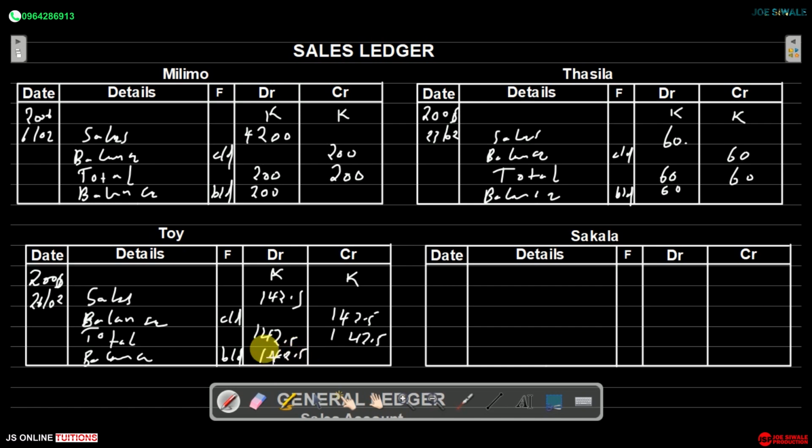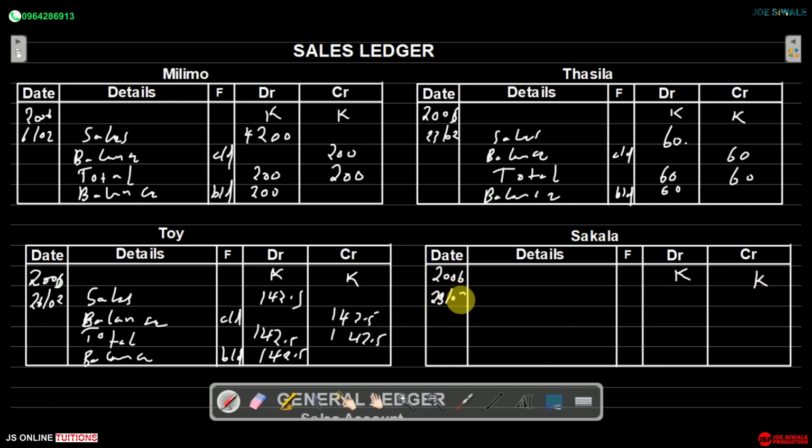Let us look at the transaction for Siwale. And for the transaction for Siwale, we only have one transaction in the sales daybook. That means that we're only going to record one transaction. So the year is 2006. We're going to put our kwacha there. And the transaction occurred on the 28th of February.